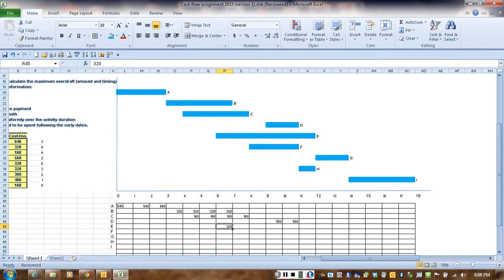I'm gonna copy that to the end of E. Activity F also 320. G 360. H 480, and then I 160.